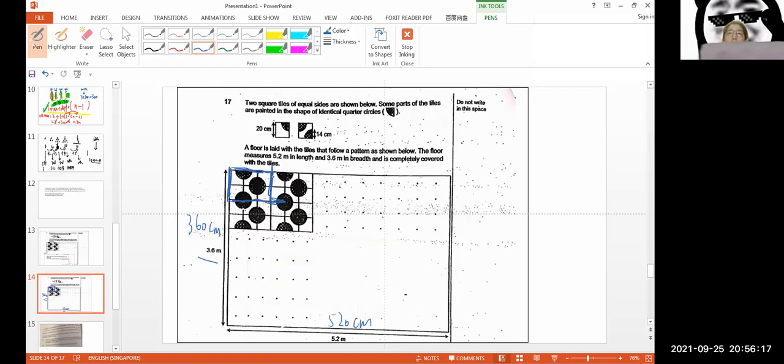Inside this repeated pattern, you are going to get how many quadrants? 1, 2, 3, 4, 5, 6, 7, and 8. So each repeated pattern, you got 8 quadrants. So you need to find out how many such patterns are inside this whole thing.